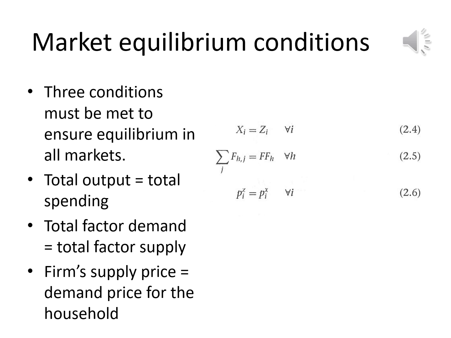Precisely, we say that the supply price of firms is equal to the demand price of the households. So this is one equation. I started from the last equation in the list, equation 2.6. This is one condition.